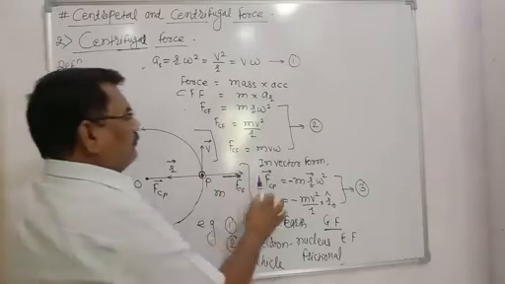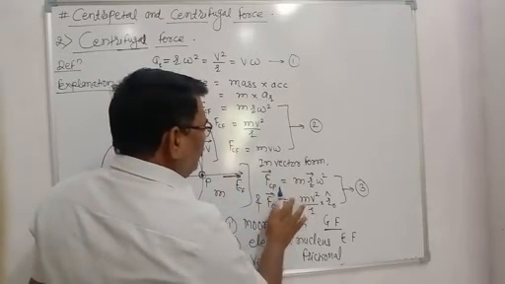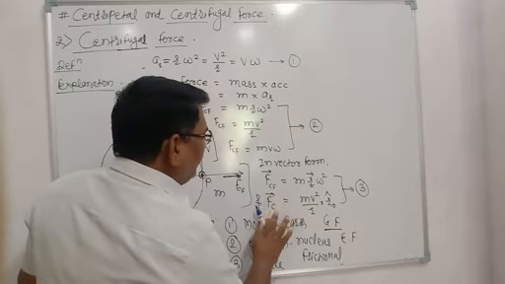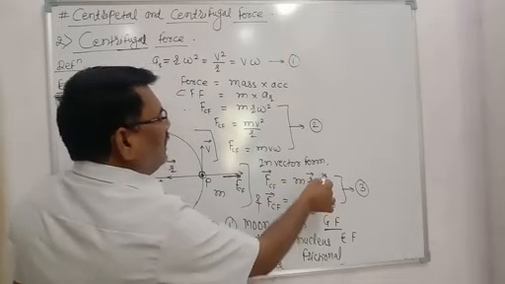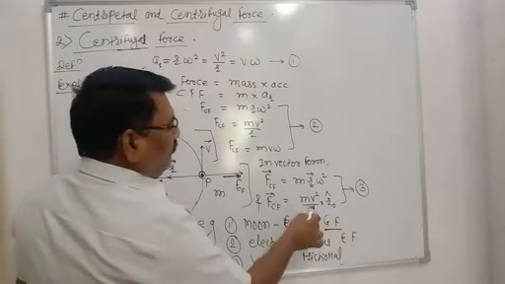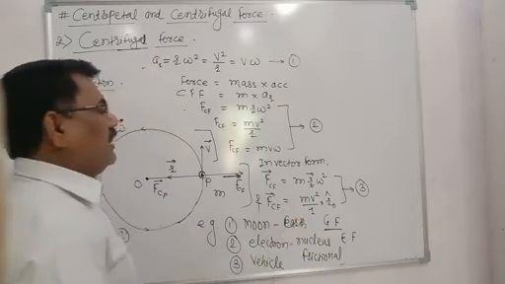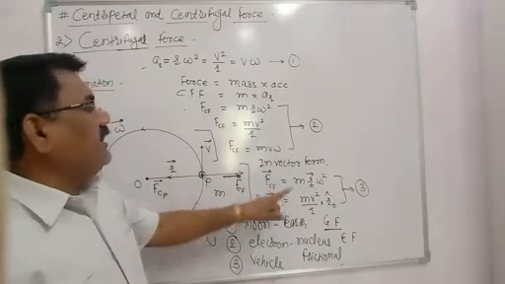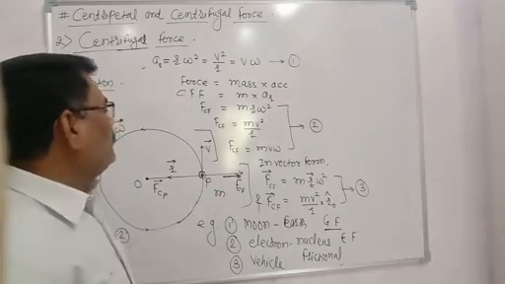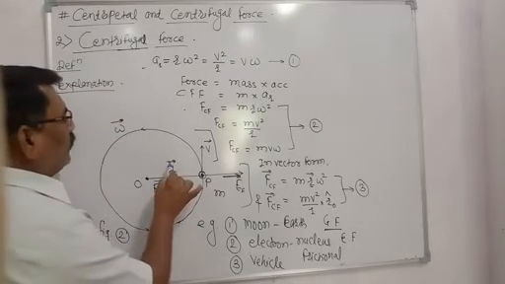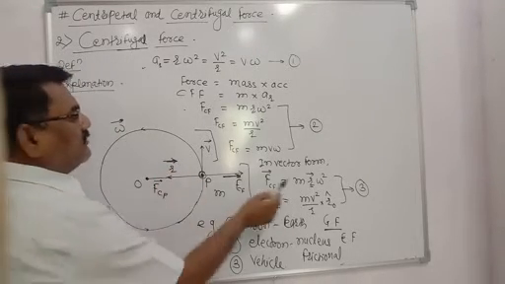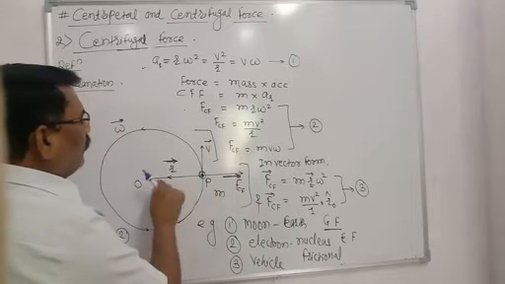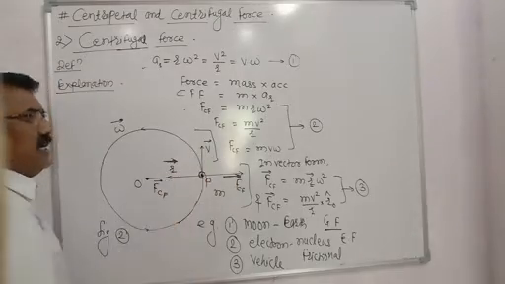In vector form, the above equations can be written as F_CF bar is equal to m r bar omega square, or m v square upon r into r0 cap. Here the negative sign is not taken in equation 3, because in this case both the radius vector r bar and the centrifugal force are directed away from the center.